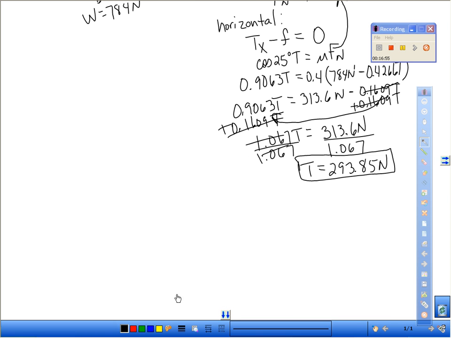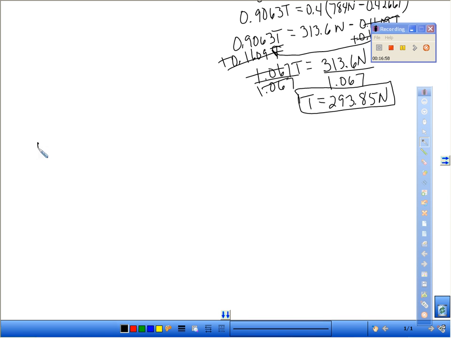Now number 5 and number 6 are very similar. I'm going to work number 5. I'll give you the answers to 6, but I really don't think I need to repeat the process because they're so similar. Okay, if you look at number 5, it looks like I have an angle, a horizontal. This is tension C, tension B, and then there's a knot tied here, and there's a rope with a 100 newton object hanging from it.